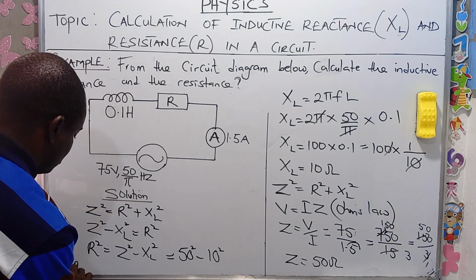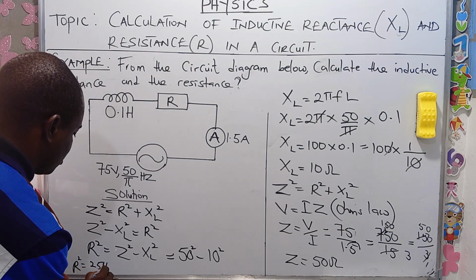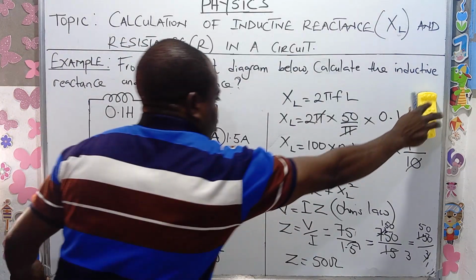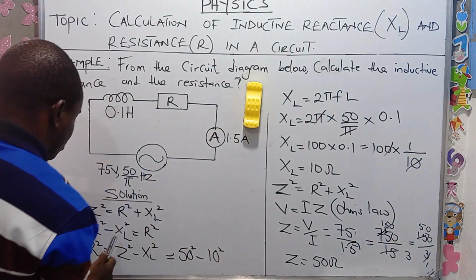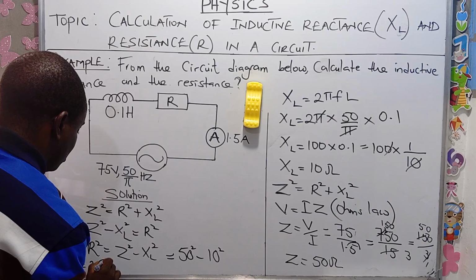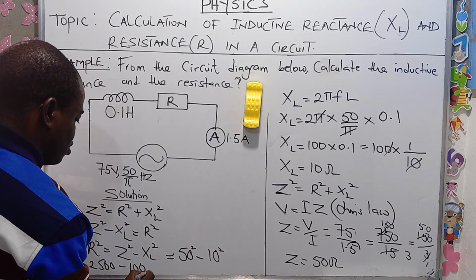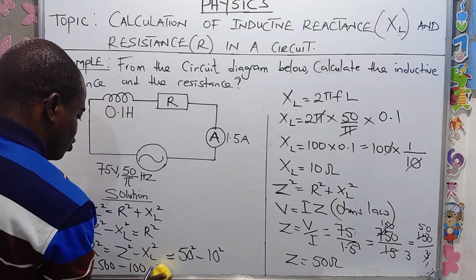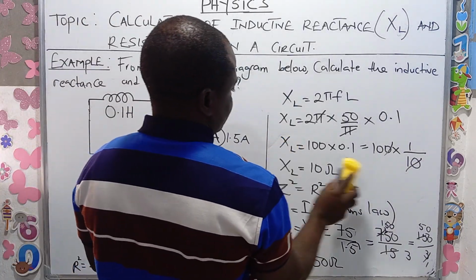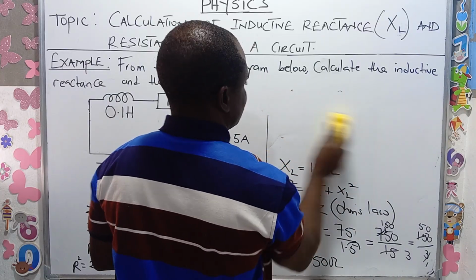R squared equals 50 squared, that is 2,500. 2,500 minus 10 squared, that's 100. Okay. Now let's do the subtraction.